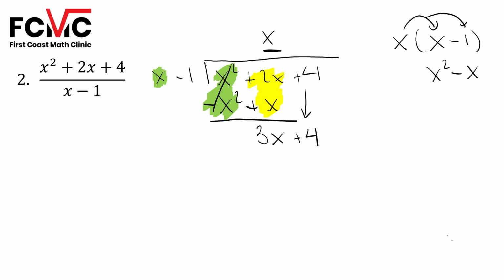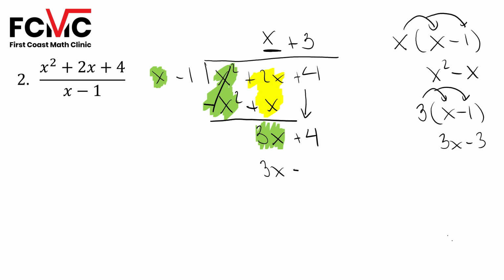Again, we're looking at that leading term, the x. What do we have to multiply x by to get it equal to 3x? Well, we have to multiply by 3. So let's put plus 3 here. And I'll do that multiplication off to the side. 3 times x minus 1. We get 3x minus 3. Do our subtraction.